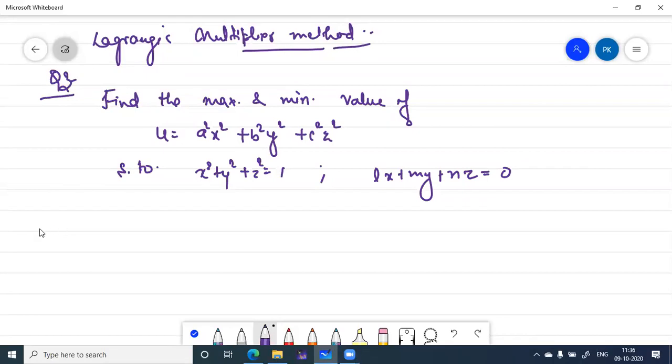First thing is construct the Lagrangian function, with three variables.